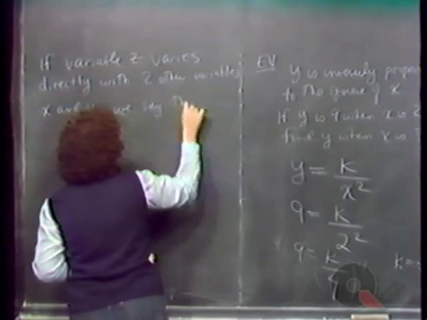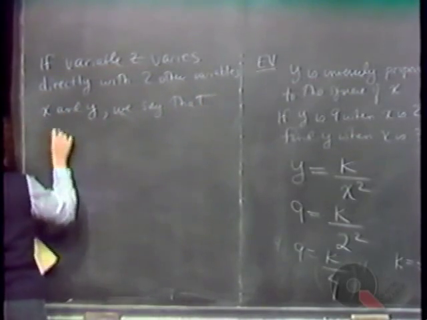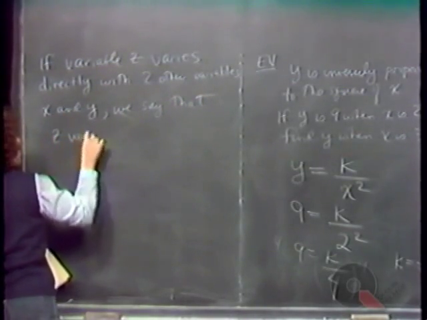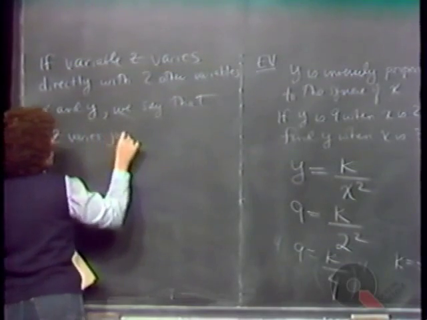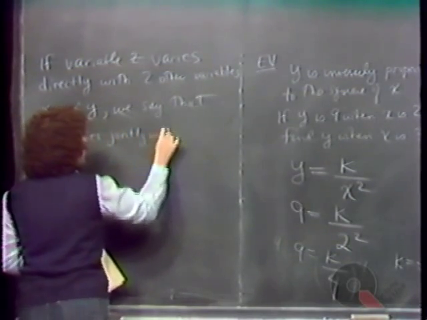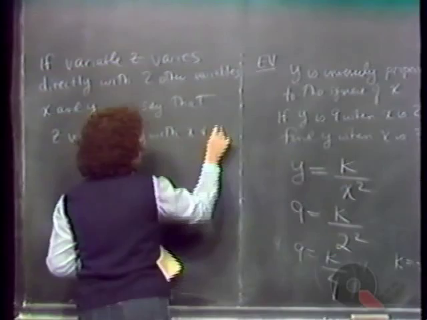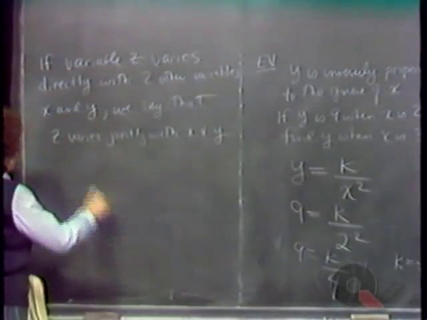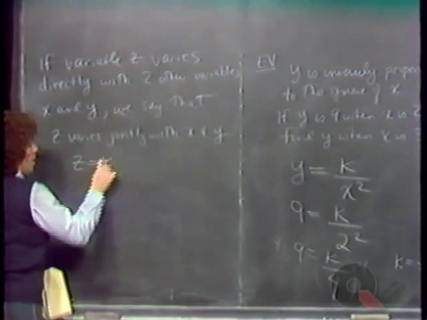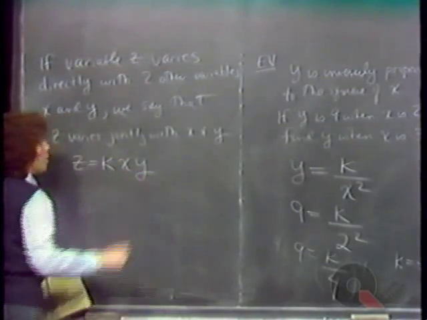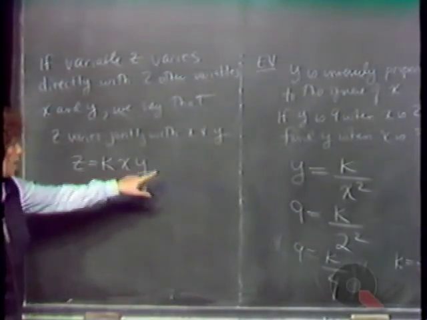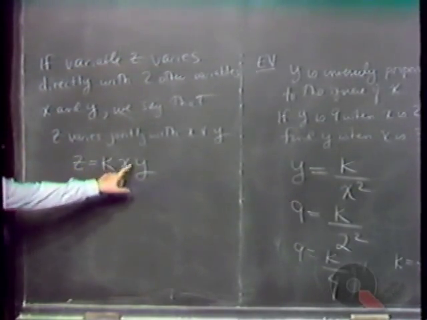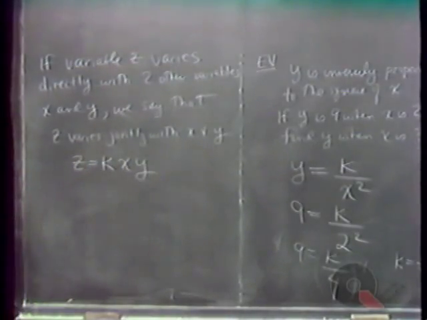we say that z varies jointly with x and y. And we could write that as z is proportional, z equals kxy, meaning it's proportional to both x and y.